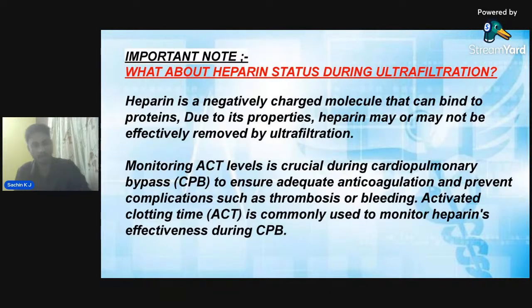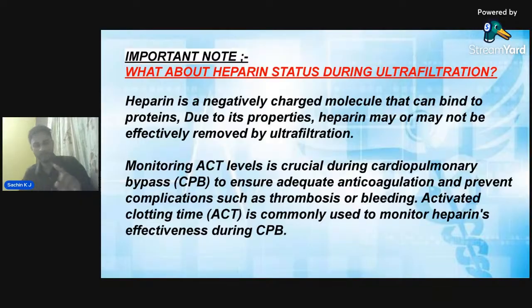Important note: what is the heparin status during ultrafiltration? According to the sieving coefficient factors, which majorly depend upon three factors: molecular weight of the solute, surface charge of the solute, and protein binding.